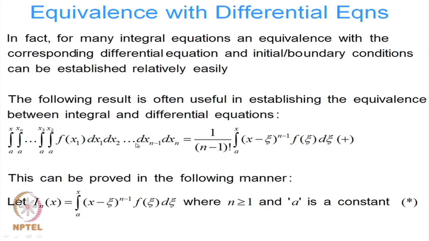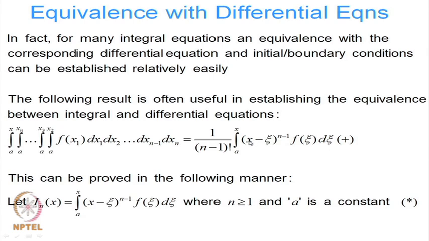So integrating a function repeatedly n times, with one limit variable, and then integrating it again with respect to that variable, and doing this repeatedly n times, is equivalent to taking that function, multiplying it with x minus x1 to the n minus 1, integrating it between its final limits and dividing it by the factorial of n minus 1.